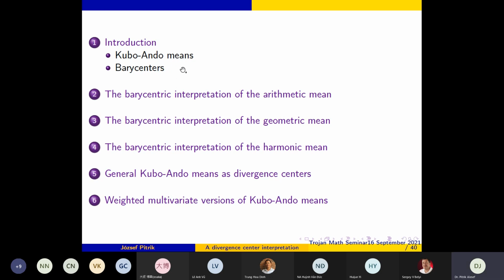After this introduction, I will talk about three important and well-known examples, namely how we can interpret the most important and best-known operator means, the arithmetic, the geometric, and the harmonic mean, as barycenters or divergence centers. The motivation of our work is based on these well-known examples. And I will finish my talk with the description of some results of our paper on this topic.